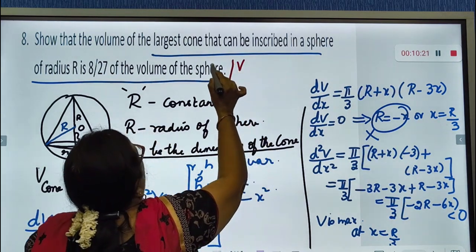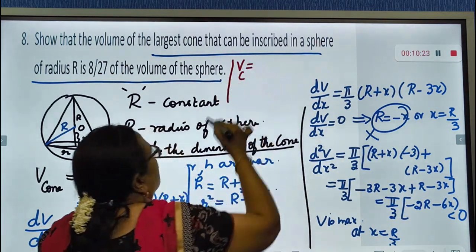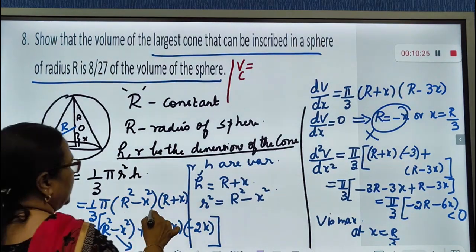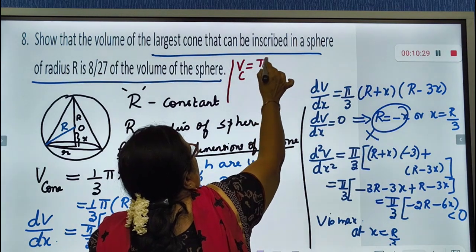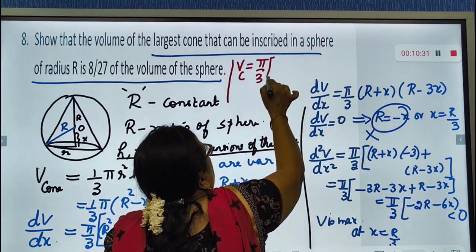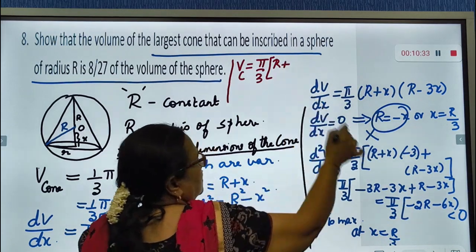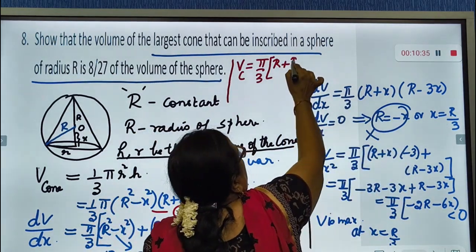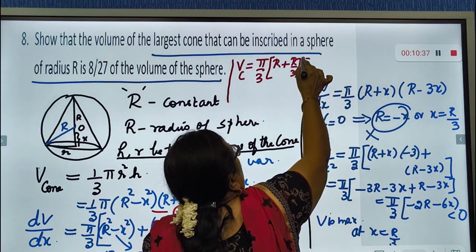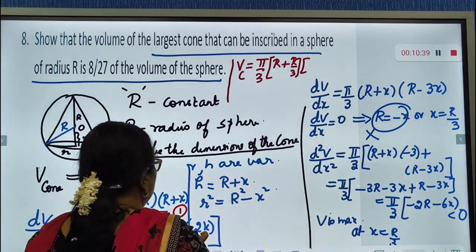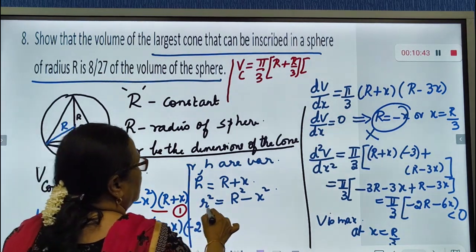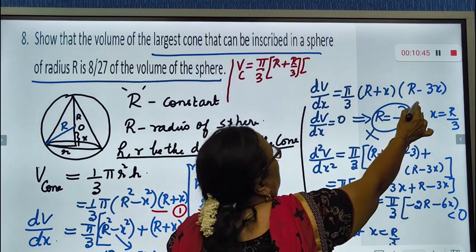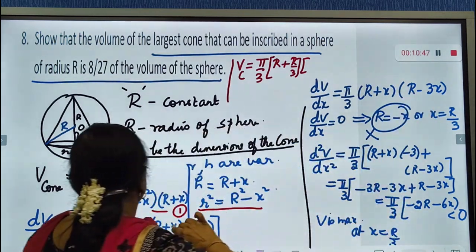The volume of the largest cone is here, I have written here, right? It is pi by 3 into (r plus x), which is r plus, what is x? r by 3, into (r squared minus x squared).